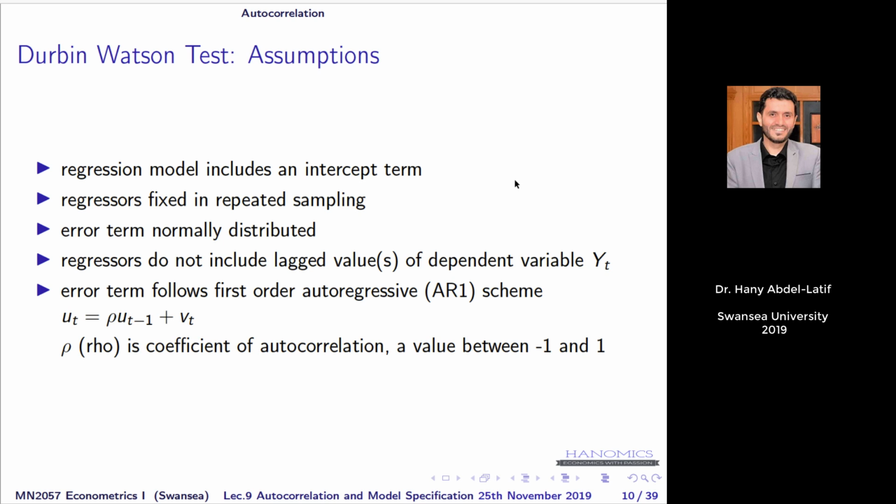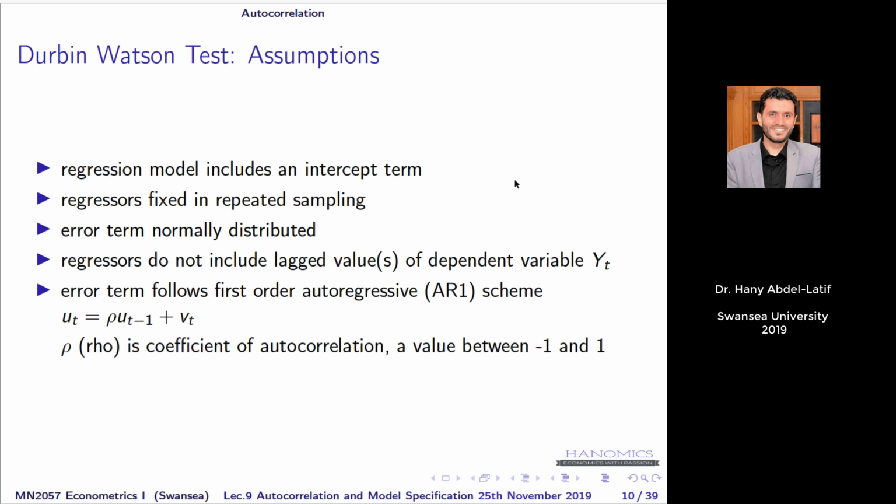So these are the assumptions for the Durbin-Watson test. You should know what assumptions a test makes before you perform it. So this is very important. This is the structure of your error.